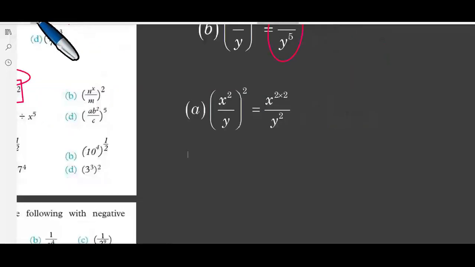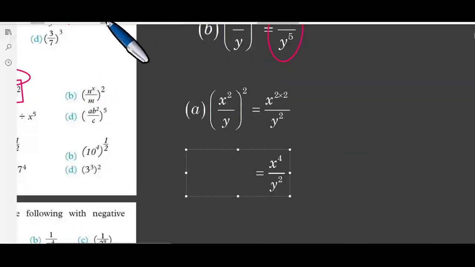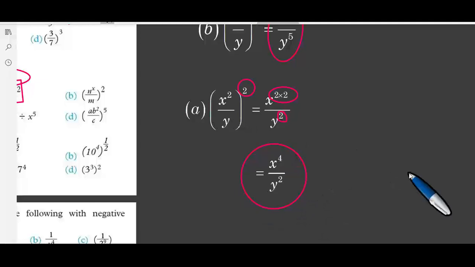Now last step, you see, the exponent 2 is distributed over the bases under the parentheses, and then the final answer is this.